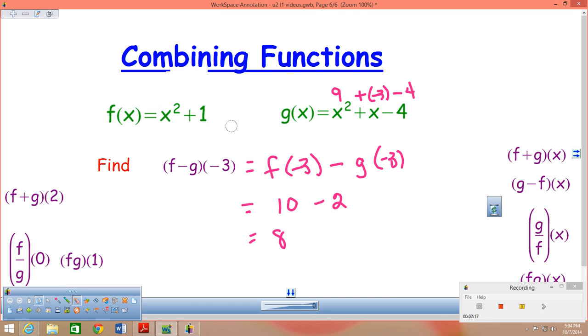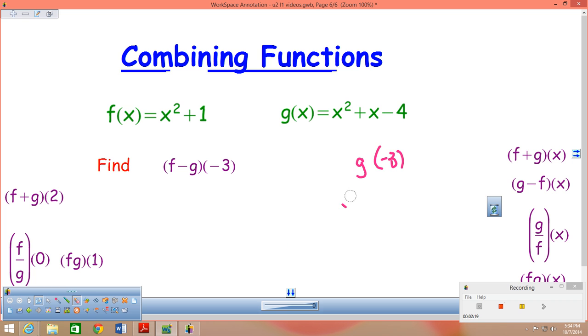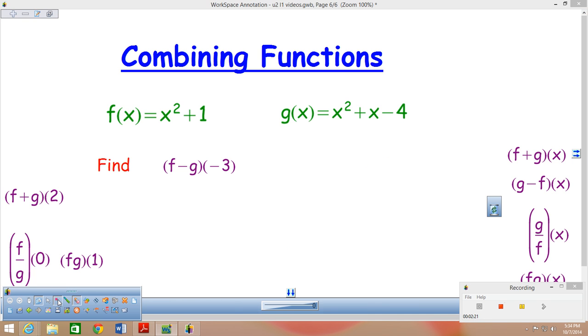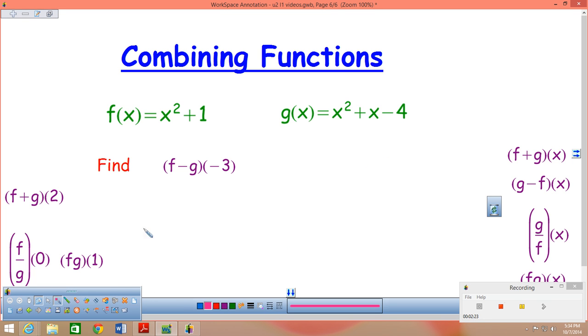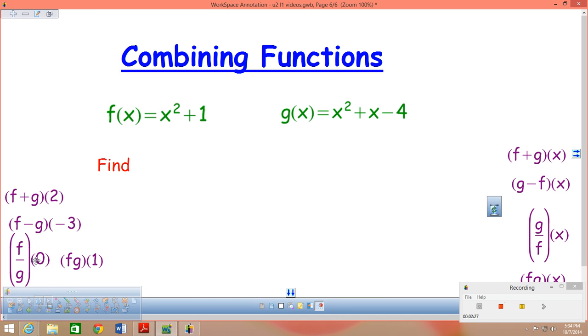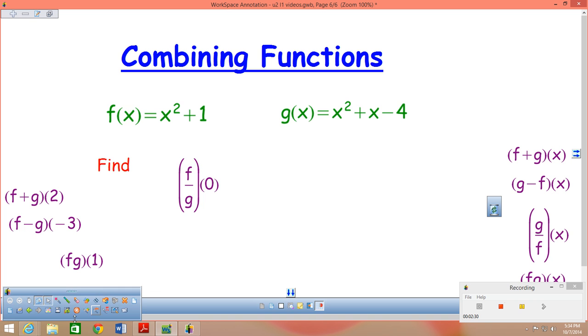Let's do division. I'm going through these pretty quick because we just evaluated functions. Okay. This simply means f of 0 divided by g of 0.